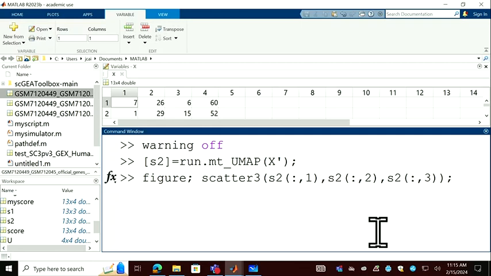So the definition is different from the standard PCA and UMAP. For t-SNE, I ask for this transpose just to make the variable and the sample dimension correct to give this, and then get the 3D embedding, and that's the UMAP results.